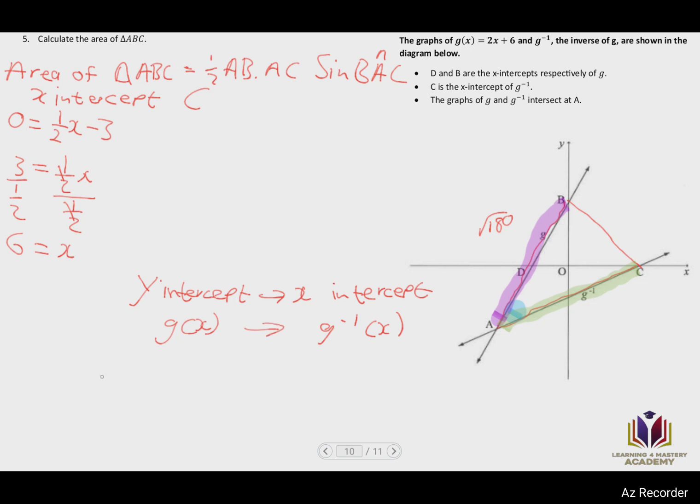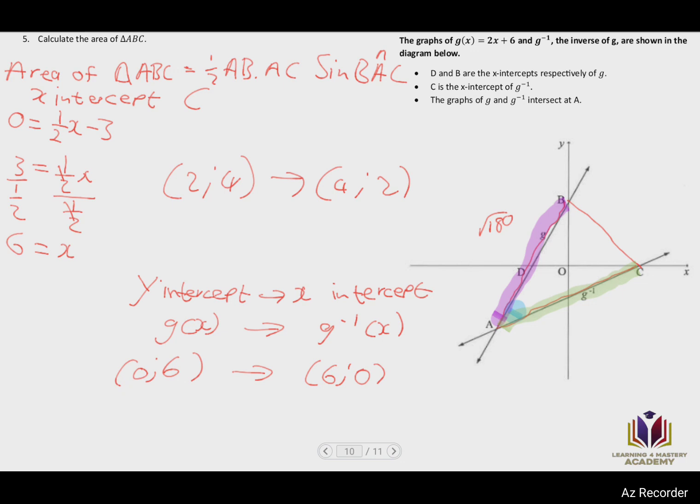Look at this. The y-intercept was 0 and 6. The x-intercept of C is what? It is 6 and 0. All you do is swap them around. Remember, when you move from a function to its inverse, you just swap the x and the y. That happens with all the points on the graph. Any point. So if I had 2 and 4, the inverse of this would be 4 and 2.